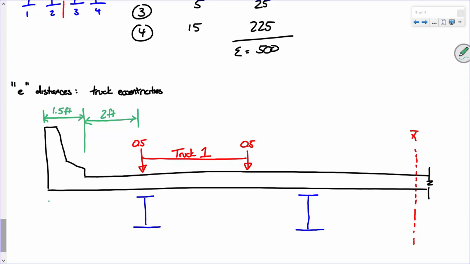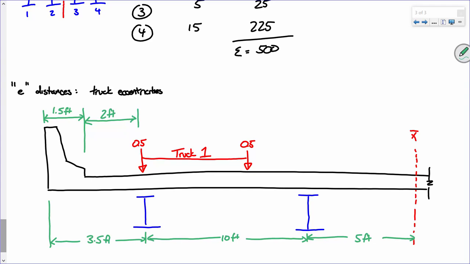This dimension here is 3 foot 6, so it's actually 3.5 because that's half a foot. And then this is 10 feet. And then what's this dimension right here? 5 feet. Okay. So far, so good?